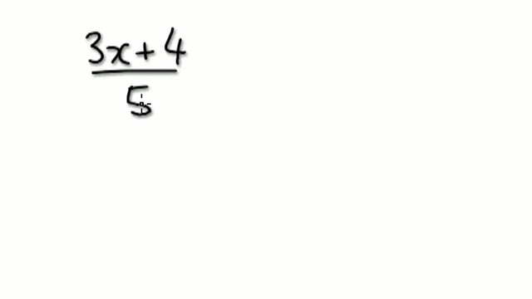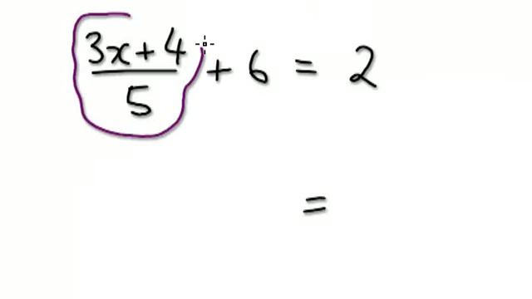And if you're given something like this, 3x plus 4 over 5, and then you've got another bit over here, plus 6 equals, let's say, 2. Imagine it like this. You've got a bubble here, and you've got another bit here.